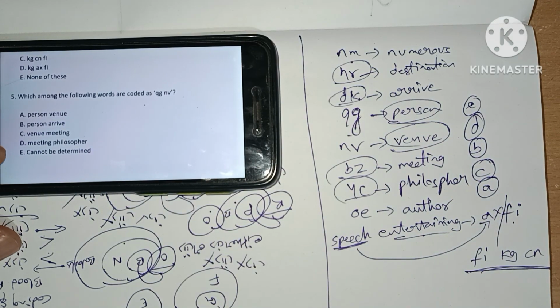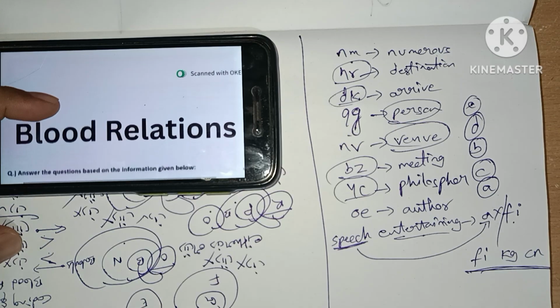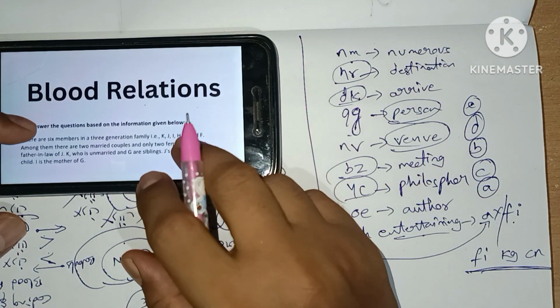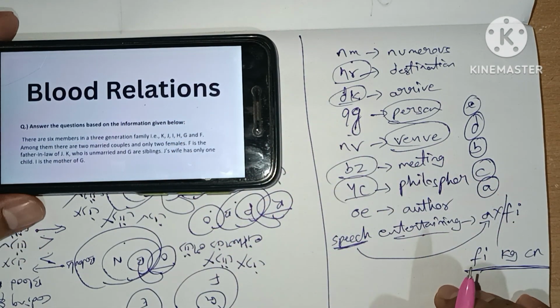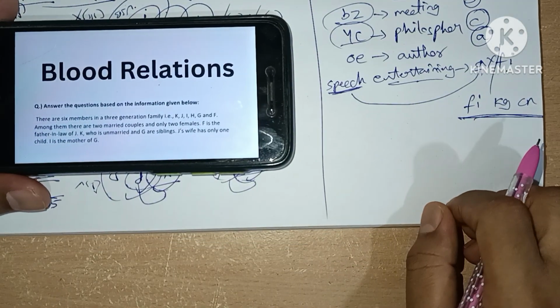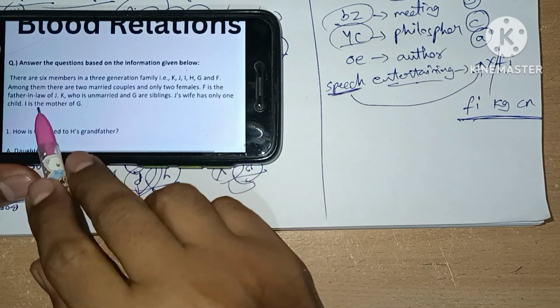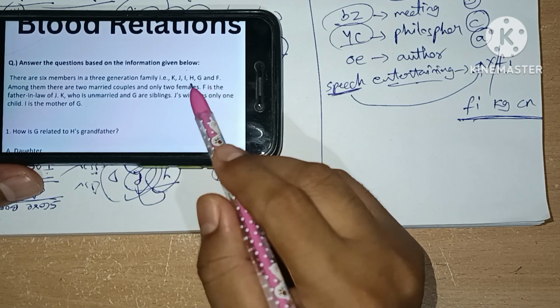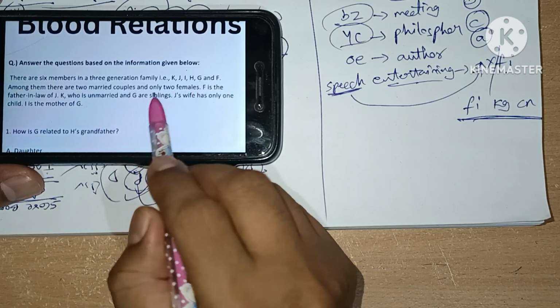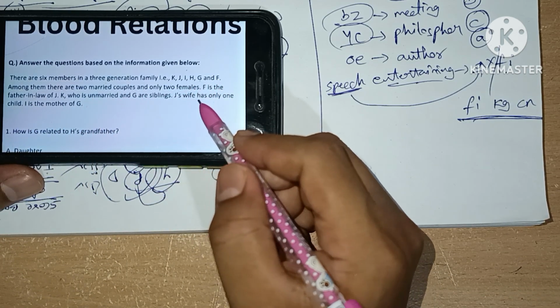Okay. Now we have completed coding and decoding also. Now we reach blood relations. Let's see this one. Here the statements are: there are 6 members in a 3 generations family. Among them there are 2 married couples, only 2 females.